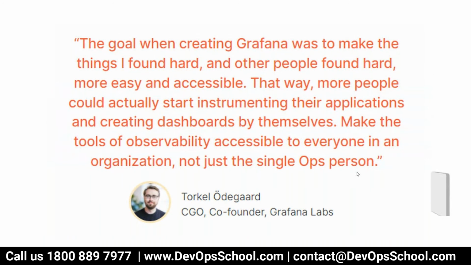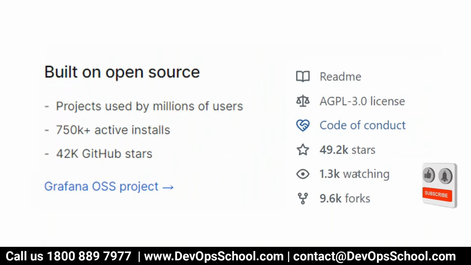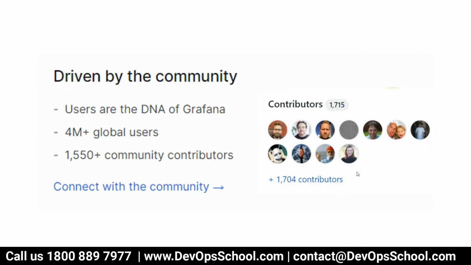Look at how many people are watching these projects, 1.3K, and the number of installs, number of GitHub stars, and so on. 1715 people have worked together to make this reality, with 4 million global users and multiple contributors.